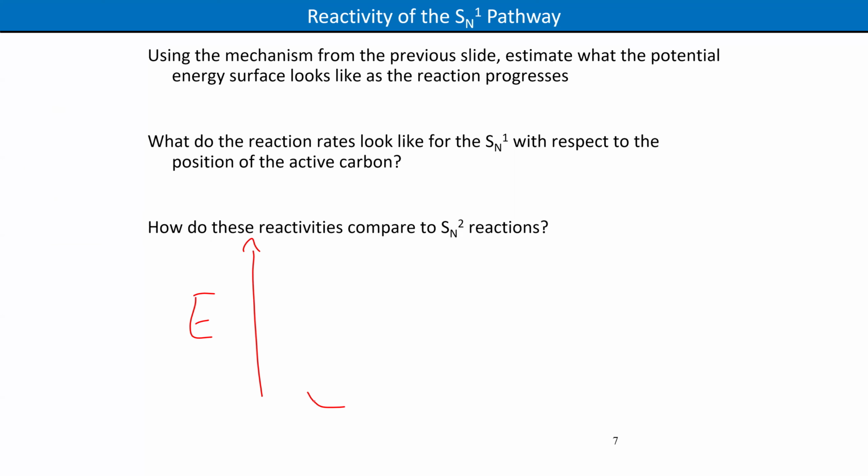And then it'll go back down, but then it'll go up again when the oxygen comes in. So we have our leaving group leaving. This is our intermediate state, right? That's when we have our carbocation. So uphill in energy. And then we got our oxygen with a positive charge on it.